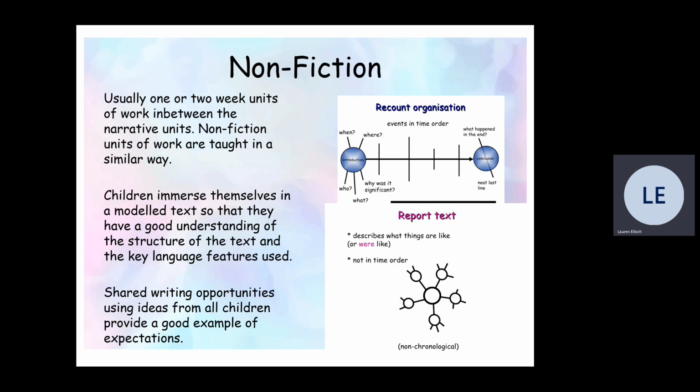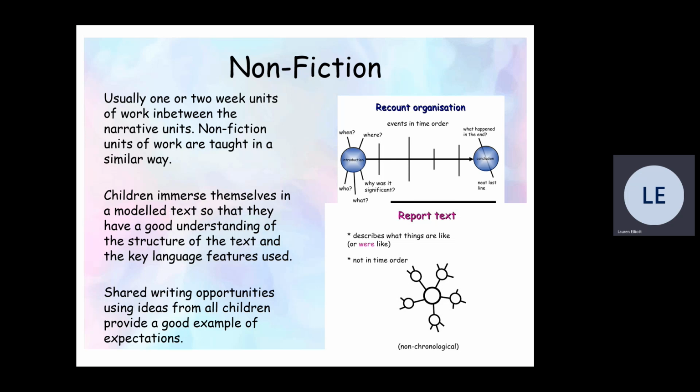So non-fiction, there's usually 1 or 2 week units of work in between narrative units. Non-fiction units of work are taught in a very similar way. Children immerse themselves in the model text so that they have a good understanding of the structure and key language features used. For example, this week we are looking at a non-chronological report about nocturnal animals.